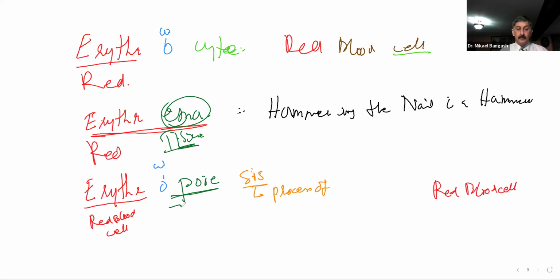This mainly will mean formation. So what is erythropoiesis going to be? It's going to be the process of formation of the red blood cells.